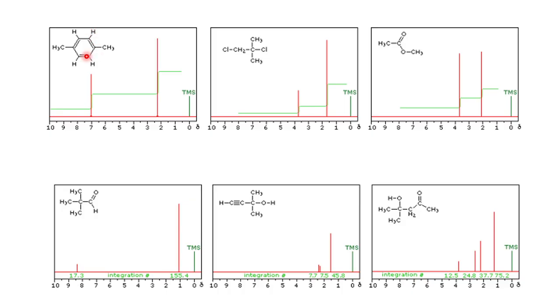That's why the more deshielded one will be at higher delta value. The shielded one will be at lower delta value, the deshielded one at higher delta value.